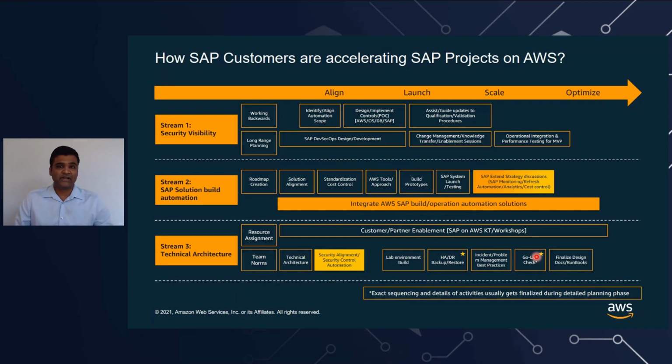Whether it's a fresh SAP implementation, a data center exit, a transformation project, or even a lift and shift migration project, understanding your organization's security controls and aligning them to design and development practice should be included in the project plan. And here is an example of how AWS assists SAP customers to implement security controls as part of the SAP projects.